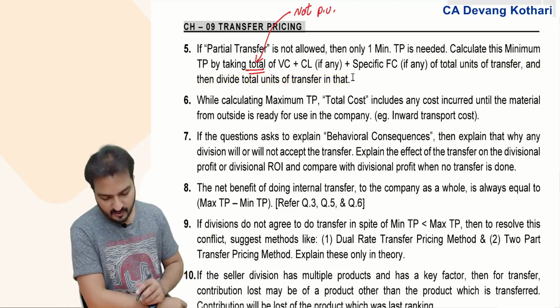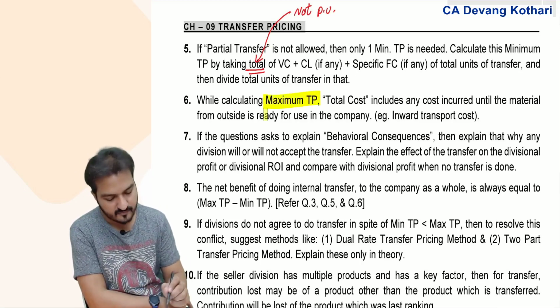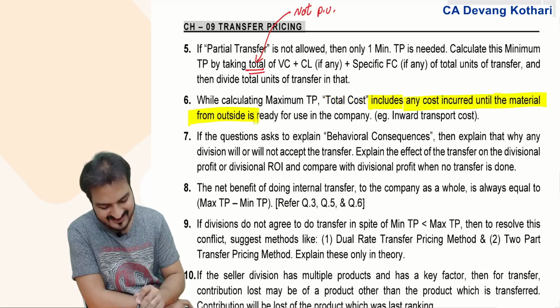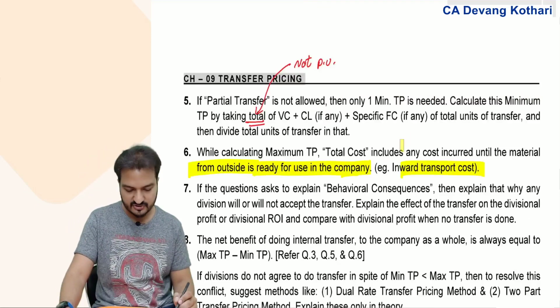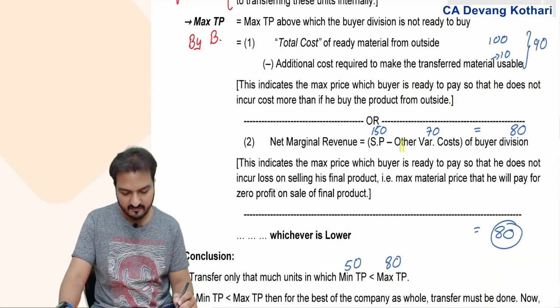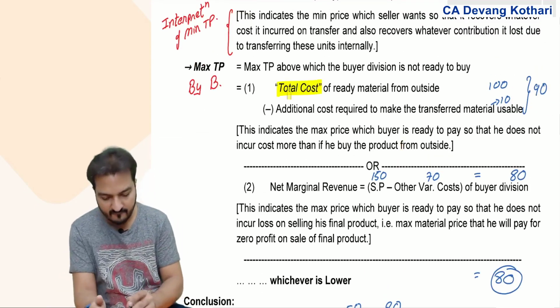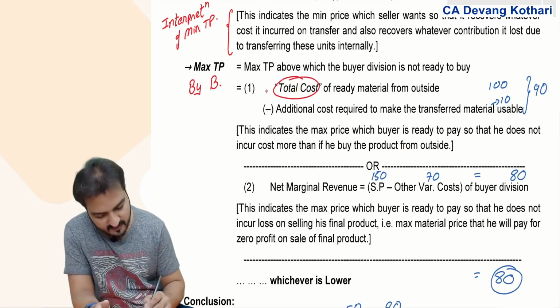Further, while calculating maximum TP, total cost includes any cost incurred until the material from outside is ready for use in the company. Example, transport cost. I'll show you. In calculating maximum TP, I've written the word total cost. Now I clarify what this total cost of ready materials means.